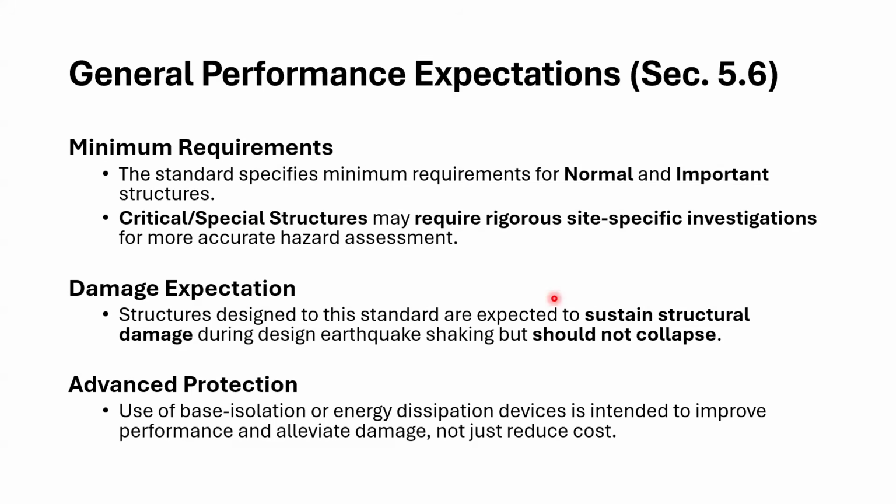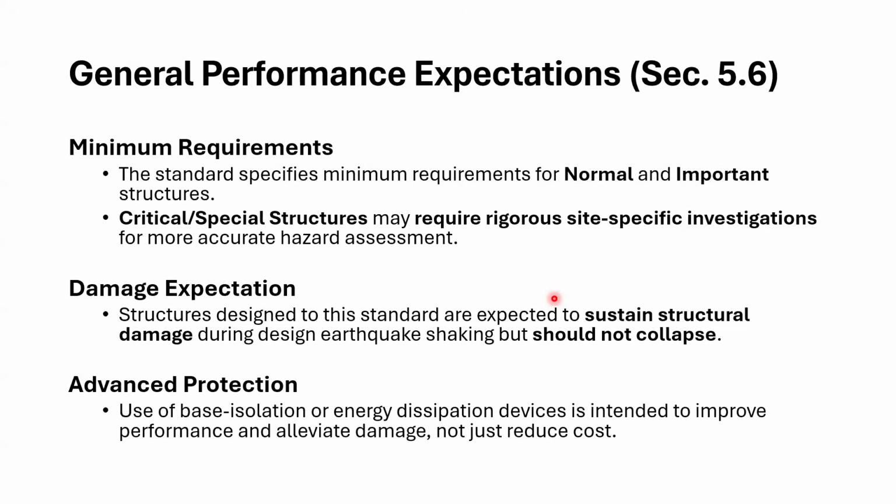So that is general performance expectations, Section 5.6, which discusses the philosophy in detail, but this should be the main clause that one should start reading the code with, to understand various changes and the expectations or the performance when the structure is being designed using this code.